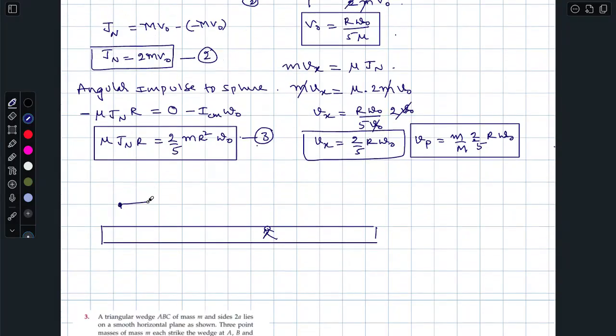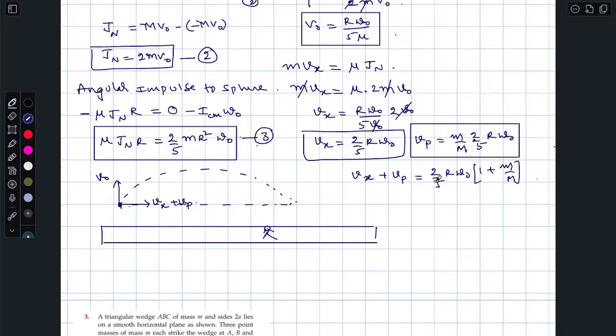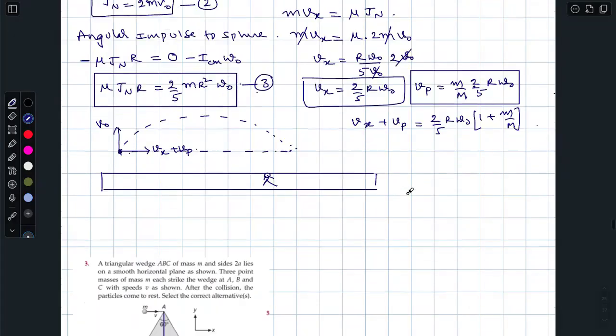It is Vx plus V plank, and it is V naught. So it follows a projectile path. Now tell me what is Vx plus V plank? 2 by 5 R omega naught common 1 plus small m by capital M. Right, done.